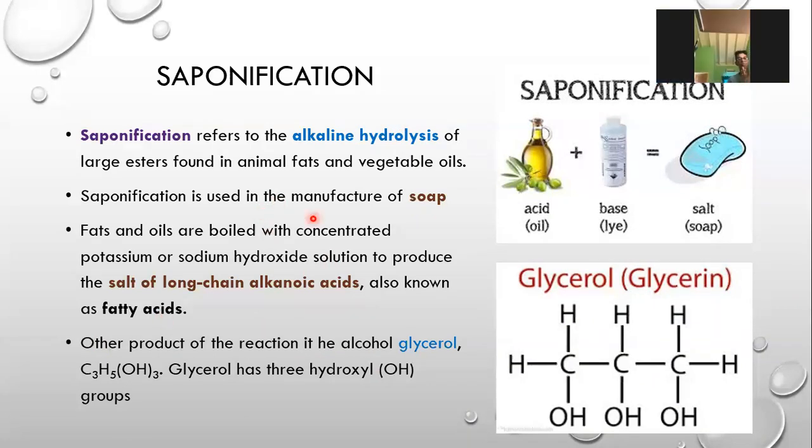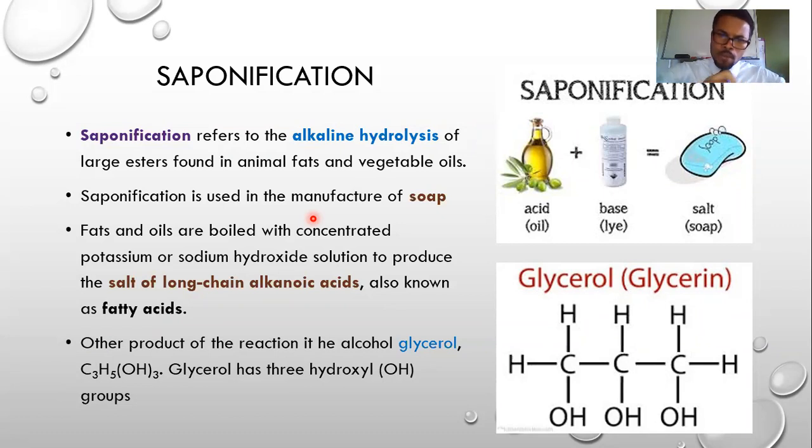Note carefully that in the saponification process, these fats, which are esters, contain an alkanoic part and an alcohol part, which is an alkyl part. In alkaline hydrolysis, they are broken apart.